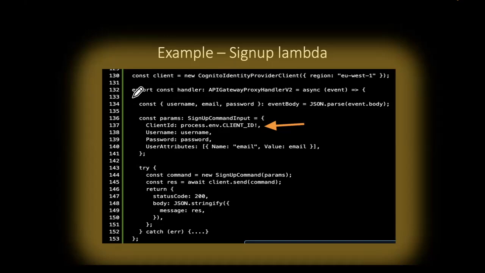Now, what's really nice about the SDKs provided by AWS for the various services. So far, we've only looked at the SDK for the DynamoDB service. And you'll remember that the programming model was that for DynamoDB, you create a command object. In the case of DynamoDB, it was a put command when you wanted to write a new item to a table, a get command, a query command. So it was all modeled around this command pattern.